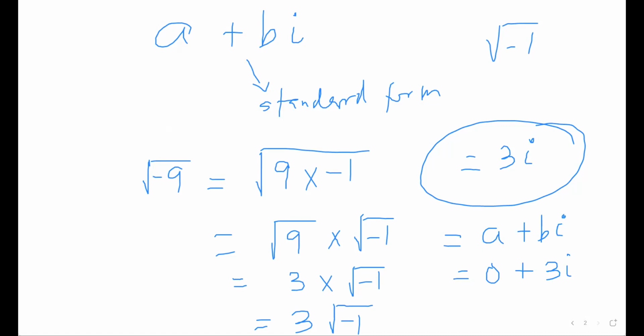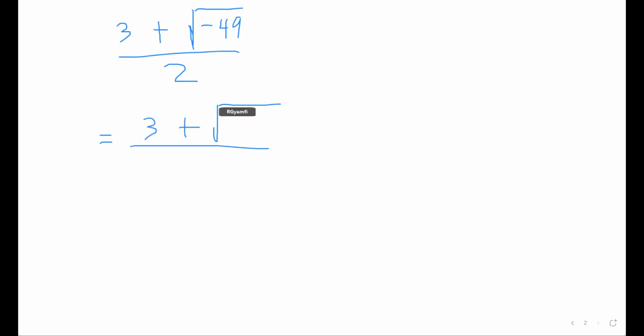Now, let's look at part c. For c, you have 3 plus the square root of negative 49, all over 2. So let's say you're solving a quadratic and you get to this point. Because you have a square root of negative 49, you know you're getting a complex number situation. I can rewrite this as 3 plus the square root of 49 times negative 1, all over 2.